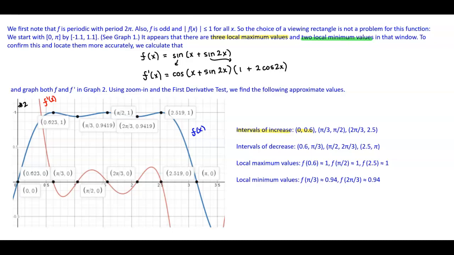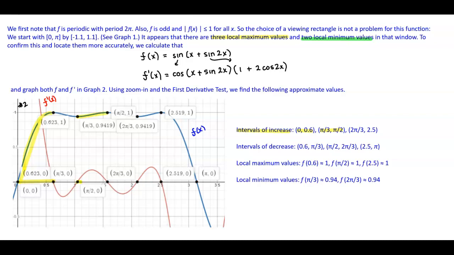So we can see here that from 0 to 0.6, it is increasing. Okay, and where else is it increasing? It's increasing between pi over 3 to pi over 2. So it's increasing here.